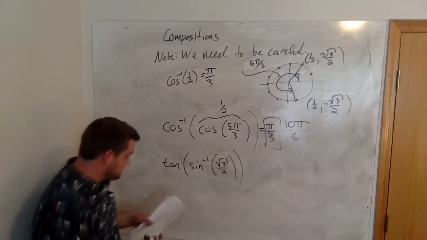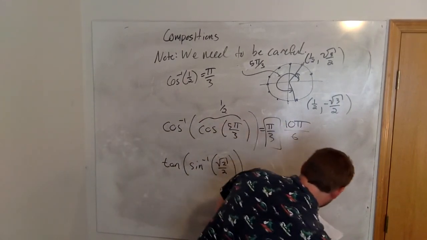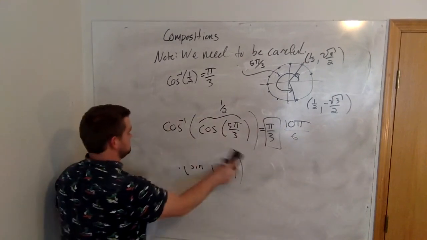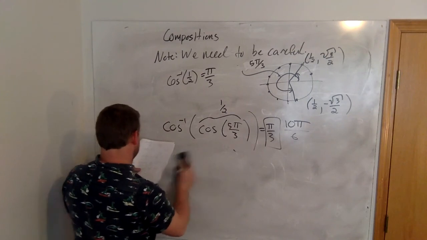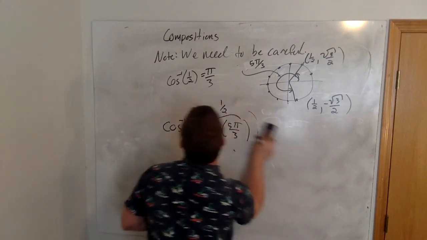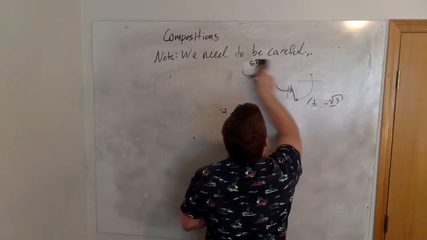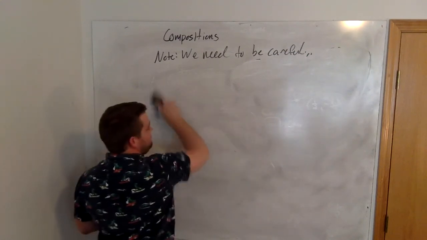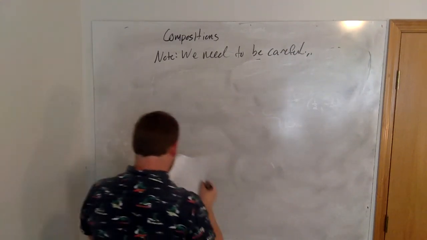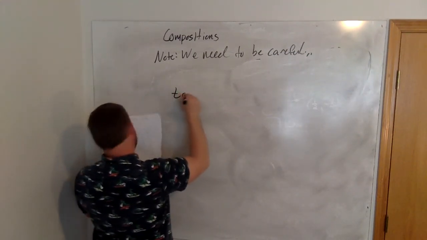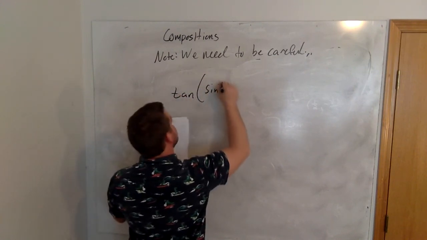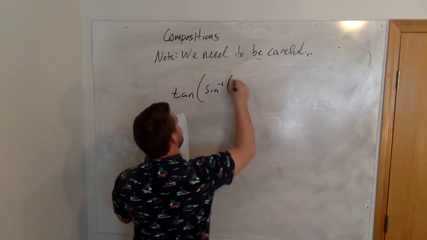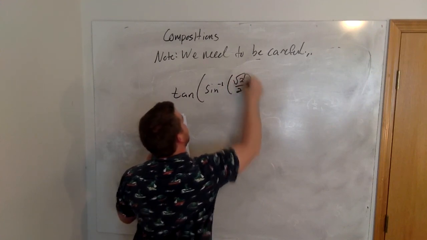Okay, let's do this last one. We had a mix of a tangent and a sine: tangent of sine inverse of root 2 over 2.